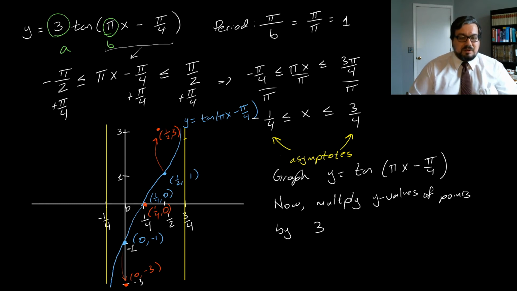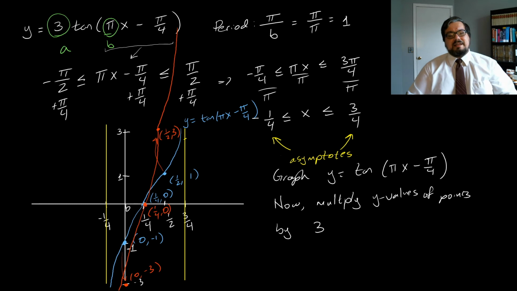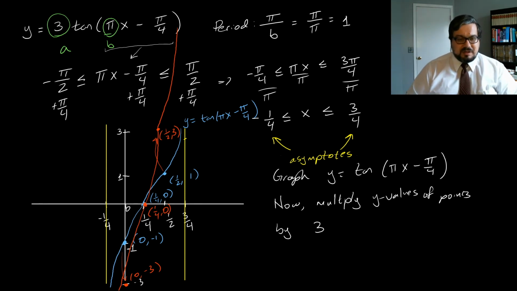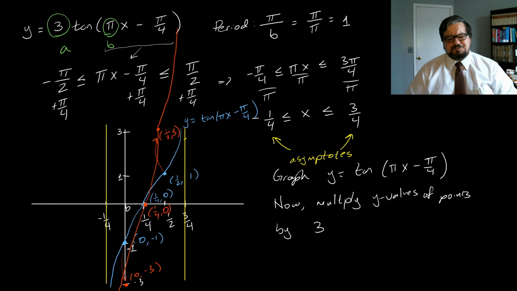And once we do that, we can graph out what the graph of tangent is that goes through those. And in this case, the graph of 3 tangent pi x minus pi over 4 is very steep and goes up approximately like this.